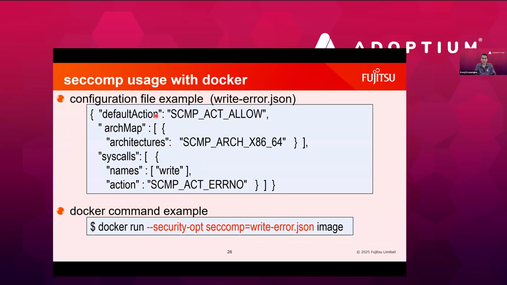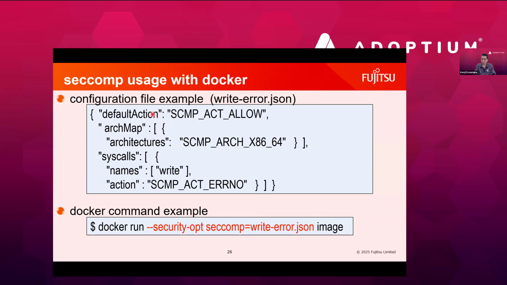And using seccomp with Docker is very easy. Of course, seccomp works in non-Docker environments too, but I will use a Docker environment today because it is very easy to use. This is an example of the configuration file for seccomp. You define your policy or rule in a JSON file.